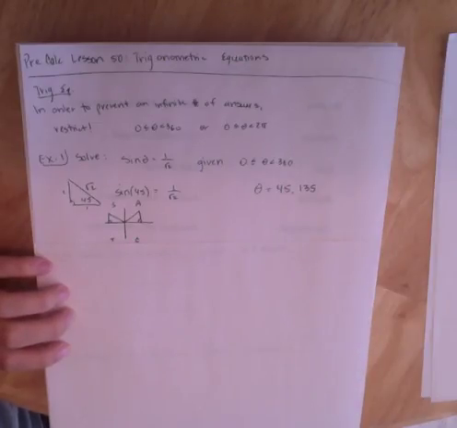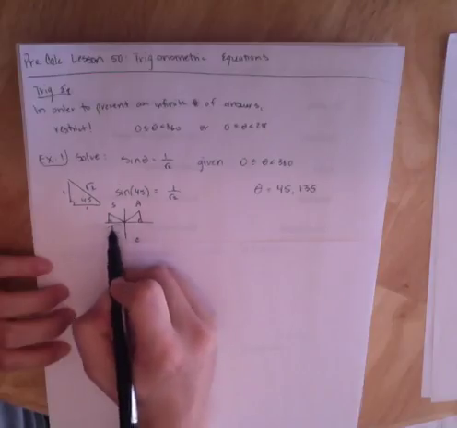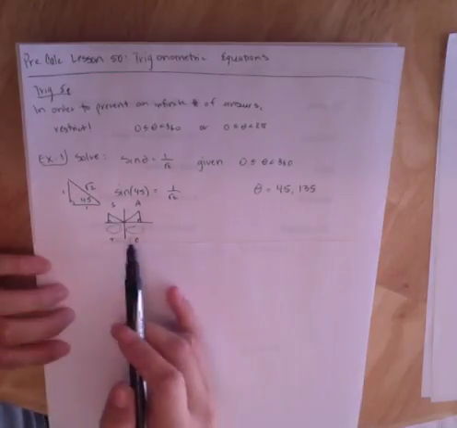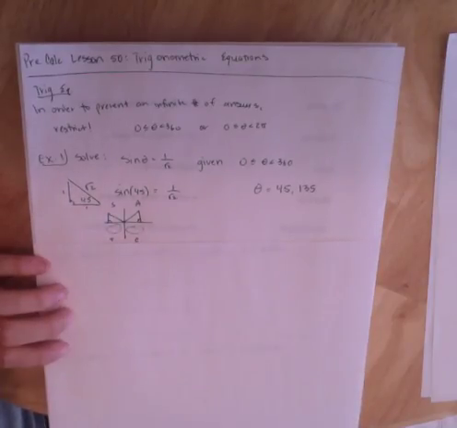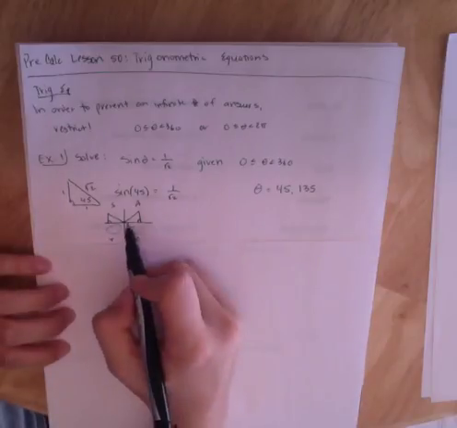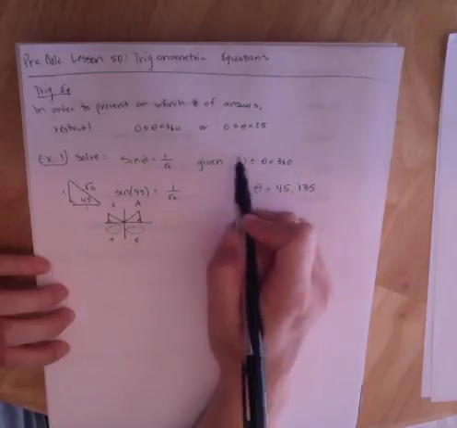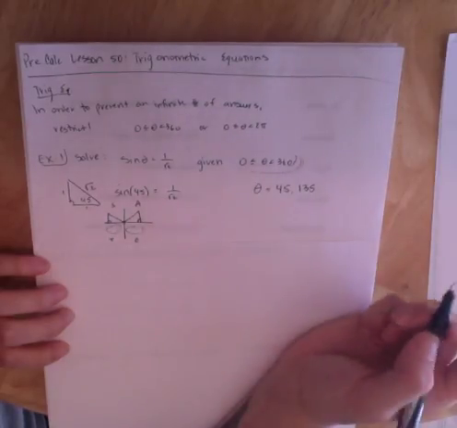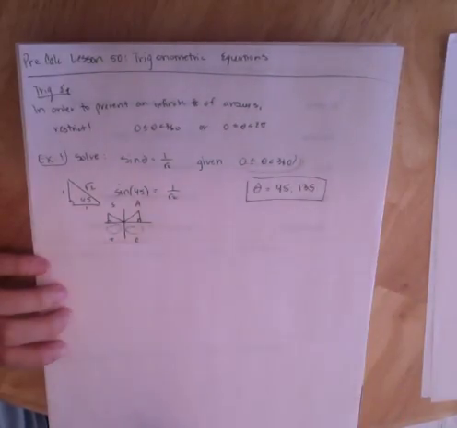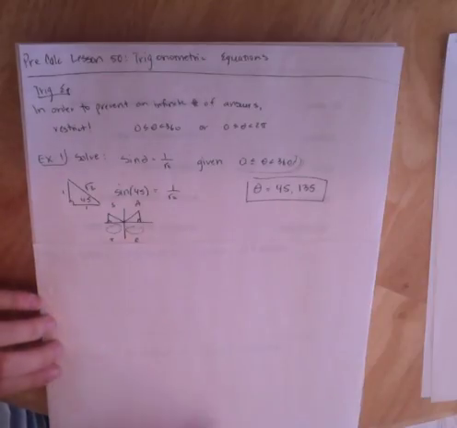We cannot have sine here or sine here because that would give us a negative value. We don't want a negative value. And we also can't go all the way around and do 360 plus 45 because that wouldn't be in our restricted range. So these are my two answers for theta.